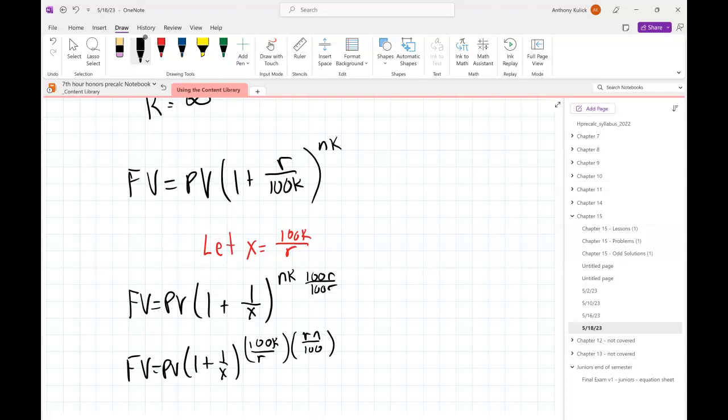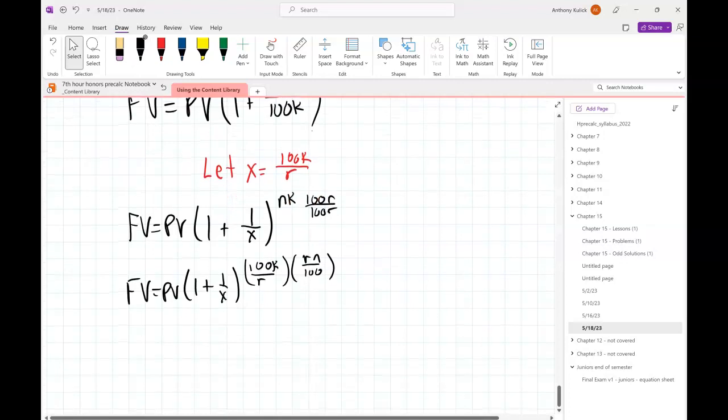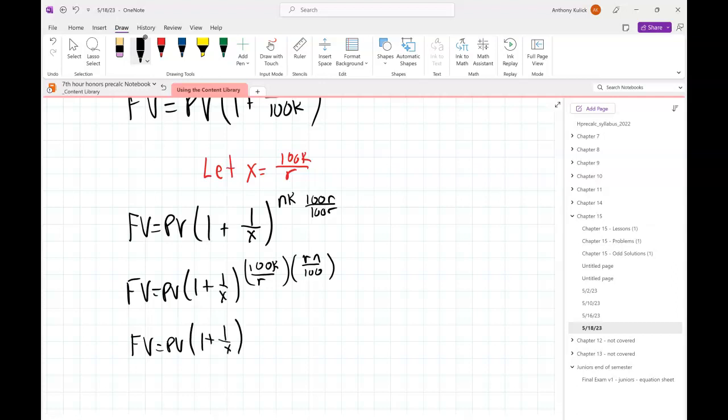Everybody's okay with that? And we said that 100k over r is just x, right? And a product of two exponents is the exponent of the exponent, right? Notice that I no longer have any k's, correct?